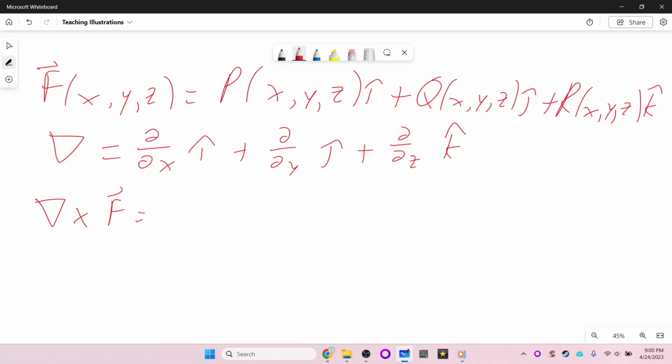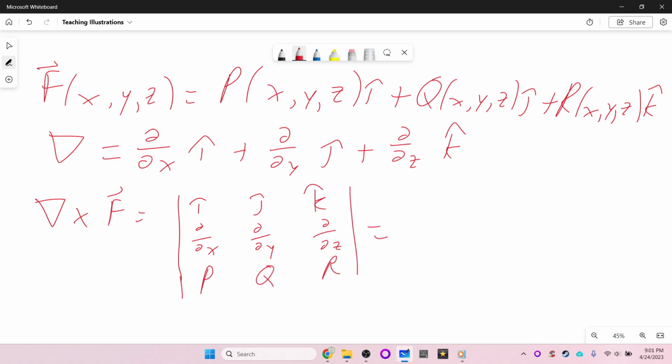And so then if we want to say what is del cross f, well, if we remember how cross product works, the first row is i, j, k. Second row is the components of the left entry, so that del there is del over del x, del over del y, del over del z. And then the third one will be p, q, r.